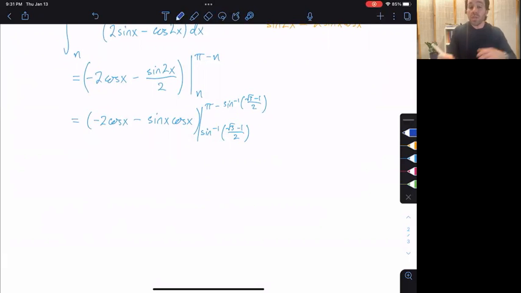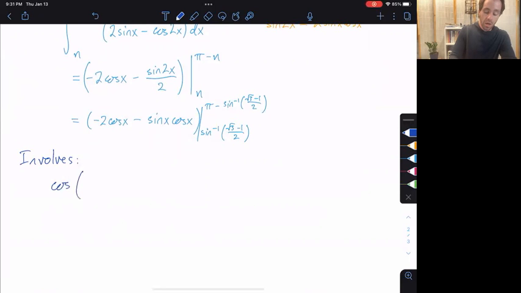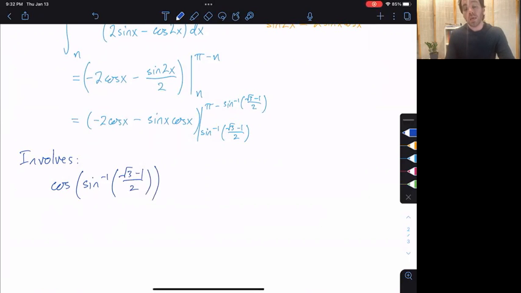So I know the answer is going to involve this: cosine of inverse sine of root 3 minus 1 over 2. If you remember this from your pre-calc days, then you'll know that this interior function here entitles you to write a triangle.